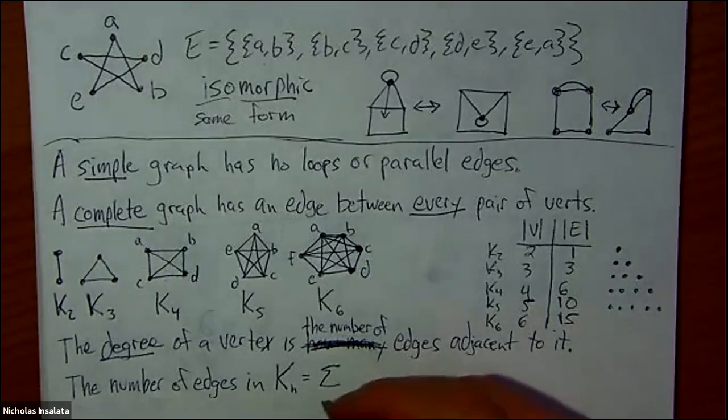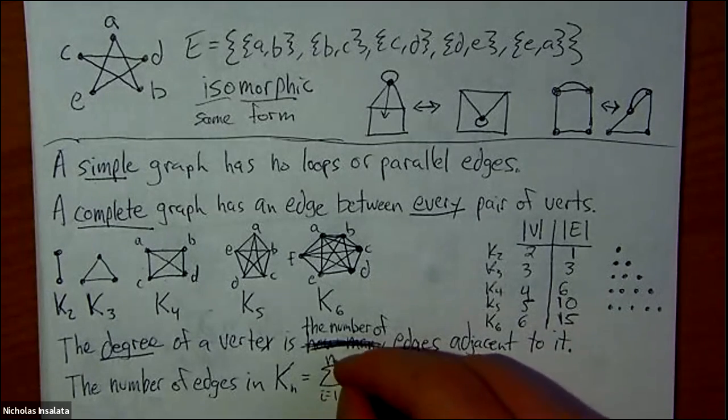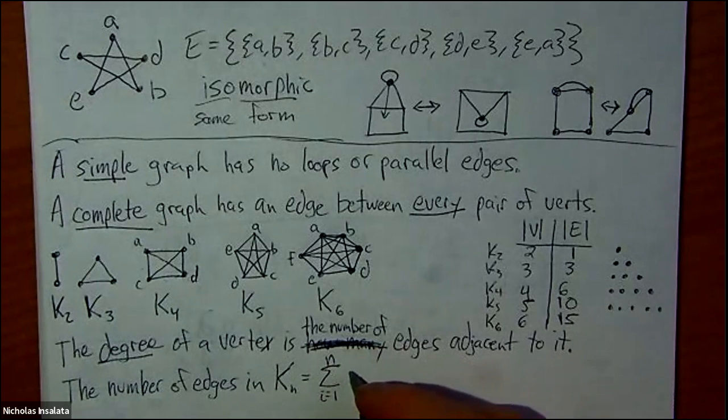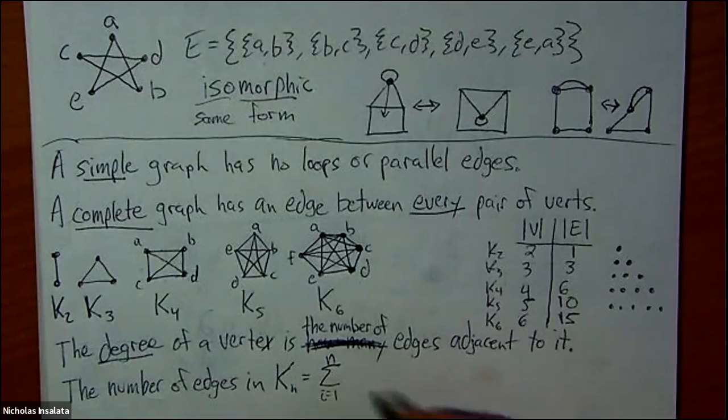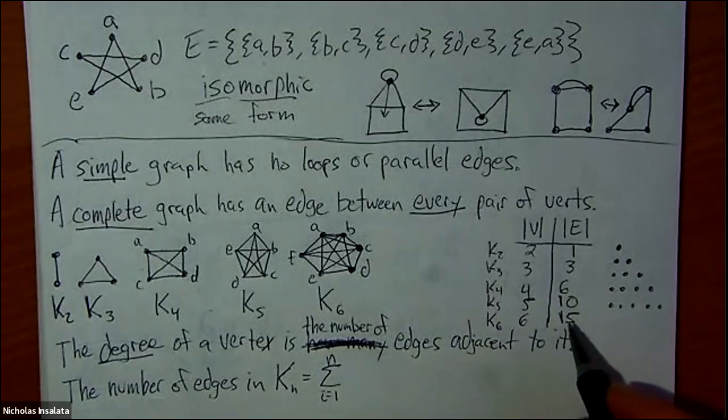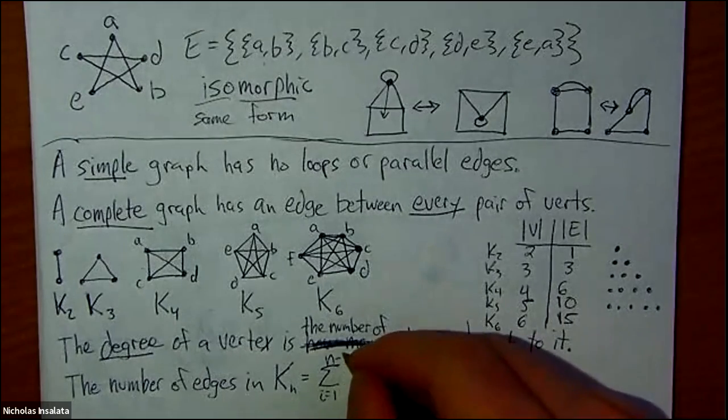The sum from 1 to n, i equals 1 to n, of n minus 1? Or should it be n minus 1? Ah, yes, because for 6, we're only going up to 5. Yeah, very nice. So this will be n minus 1.